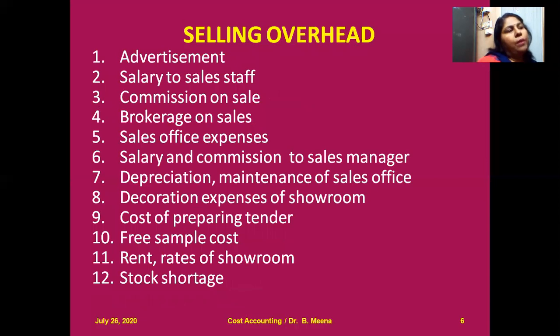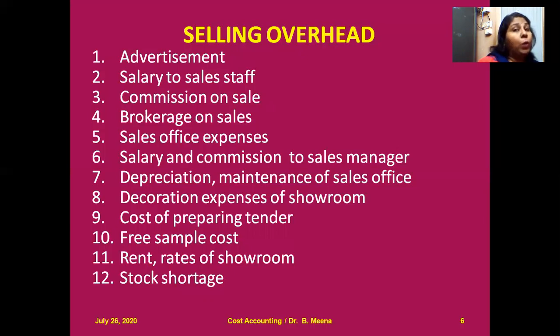And next, selling overheads. Selling overheads, you know the meaning: whatever indirect expenses are incurred under the selling and distribution department. I list them out here. All the expenses which are related to your sales will come under selling overheads. Advertisement, salary to sales staff, commission on sale, brokerage on sale, sales office expenses, salary and commission to sales manager, depreciation, maintenance of sales office, decoration expense of showroom.